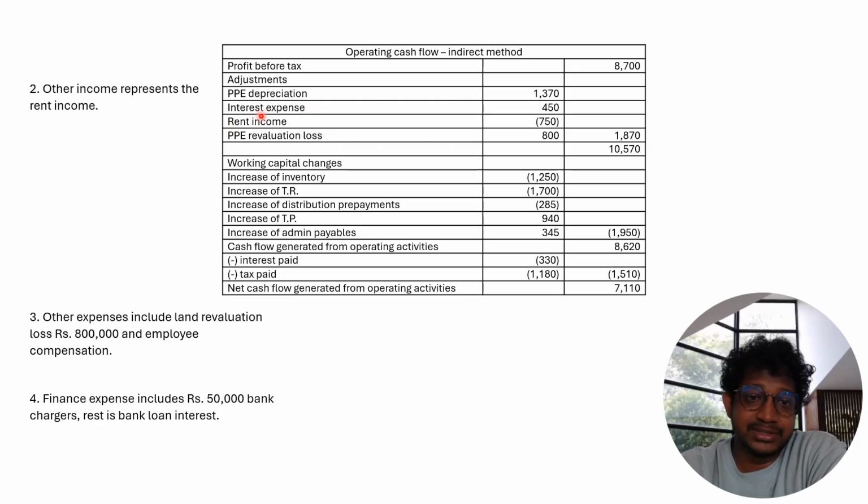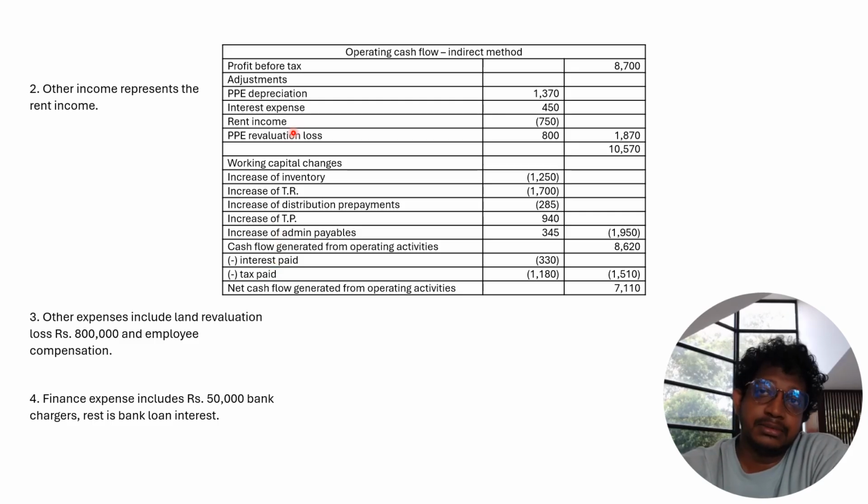And when it comes to the interest expense, there is a specific space to subtract the interest paid in cash, right? So you have to add here the total interest expense and then subtract the interest expense actually paid in cash at the bottom in the operating activities.